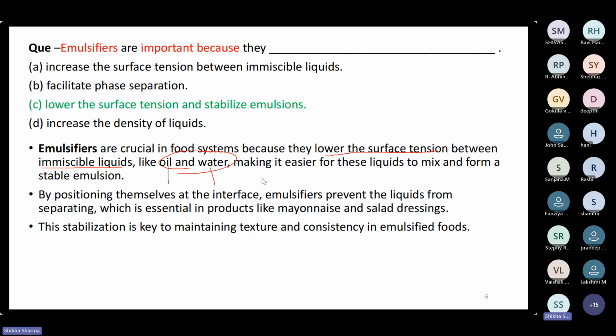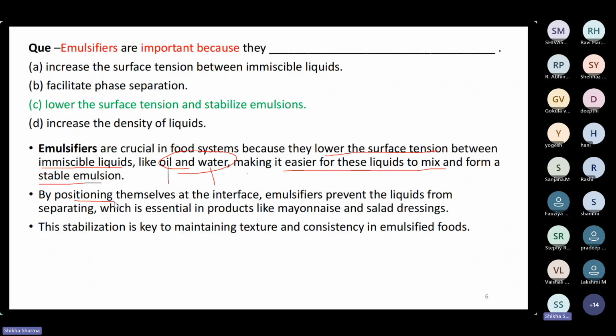So we need some kind of emulsifiers or additives to decrease the surface tension, so that the final emulsion we get will be completely stable. That's why it becomes easier for these liquids to mix and form a stable emulsion.